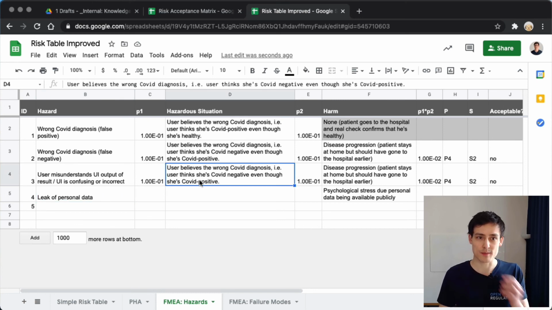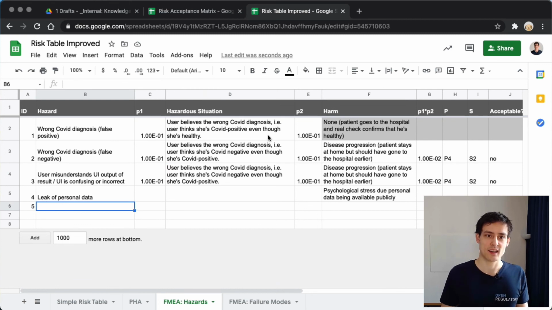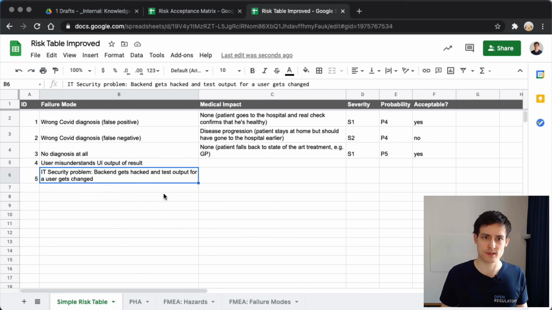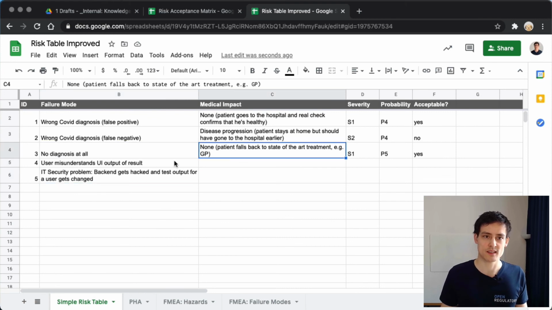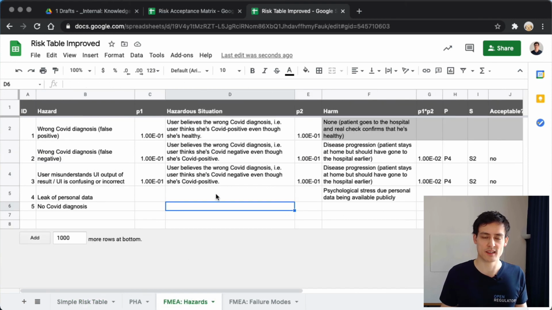Okay, you could come up with stuff like this, and we actually could, right? So you could say the hazard is no COVID diagnosis. That's a fair hazard, and then I would say there's no hazardous situation. And I think we cover this in the simple risk table. Yeah, no diagnosis at all, none.